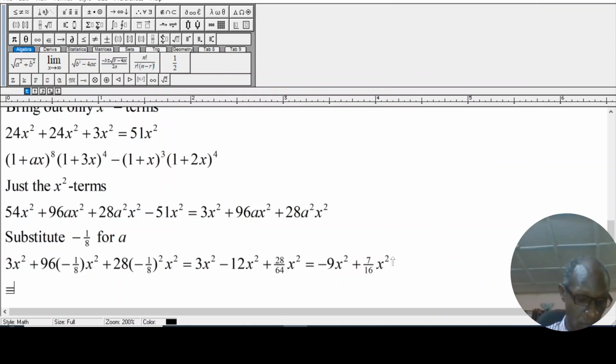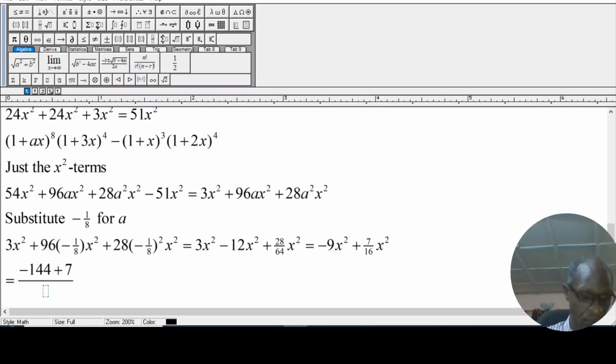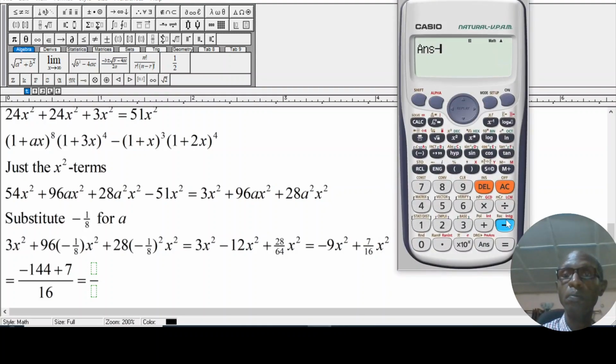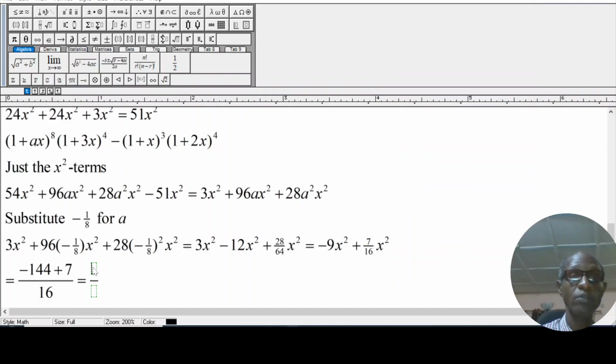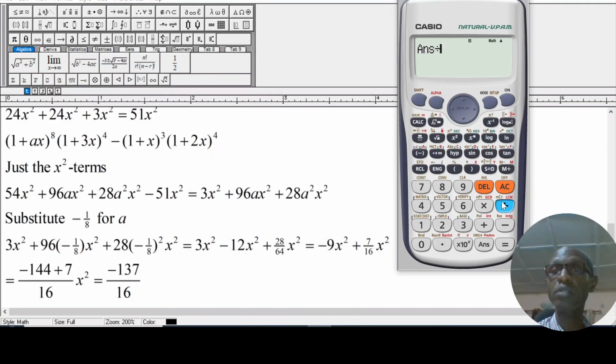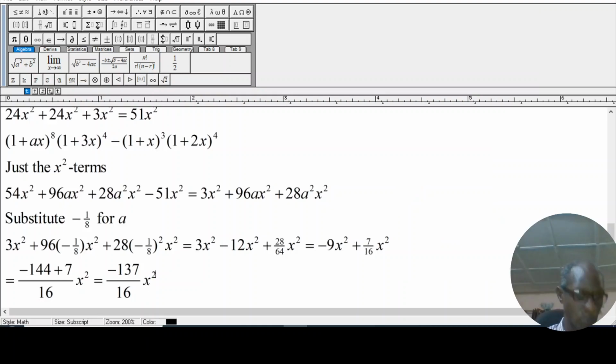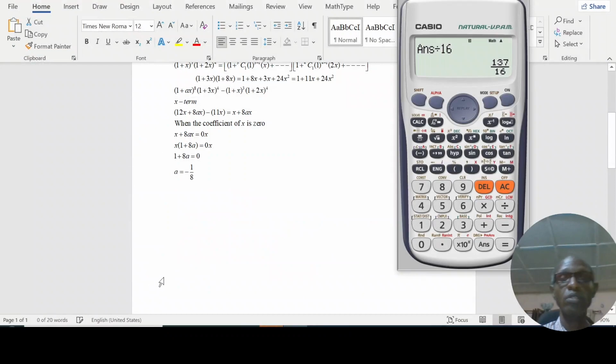So minus 144 plus 7 all over 16. So that will be minus 137, 137 x squared over 16. So that is what I am getting.